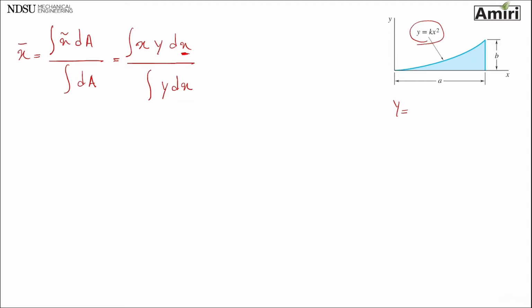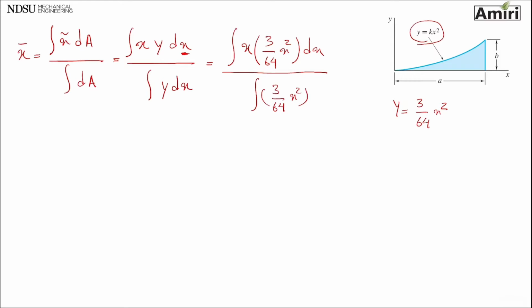y is going to be 3 over 64 x squared. So I'm going to replace this into the integral. It's going to be x times 3 over 64 x squared dx over 3 over 64 x squared dx. Last thing that's left is the bounds of integral.